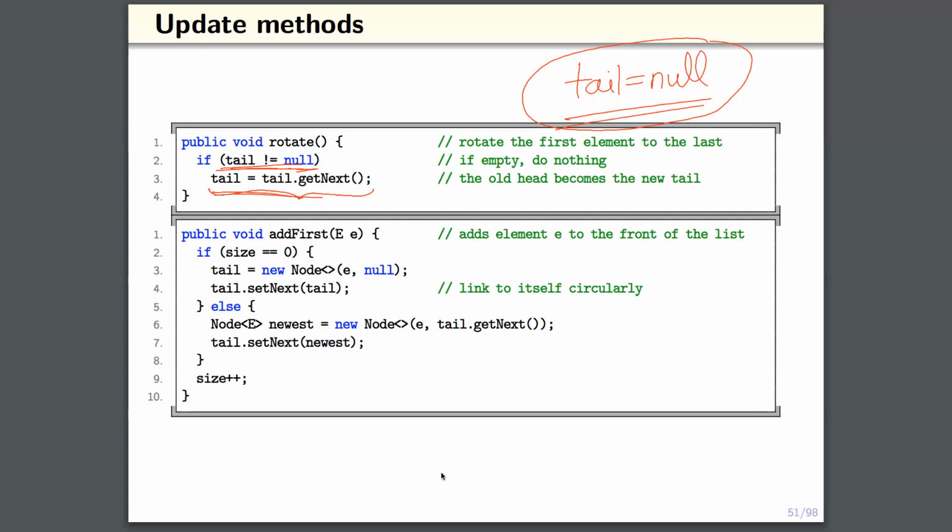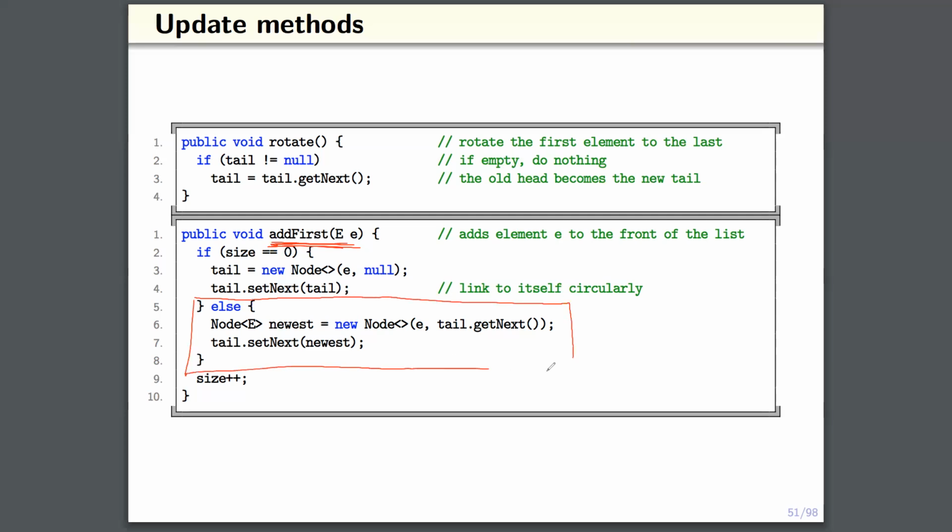Okay, now let's see add first. You have a CLL, and you are adding an element at the first position. First, we will look at the generic case. What is the generic case?